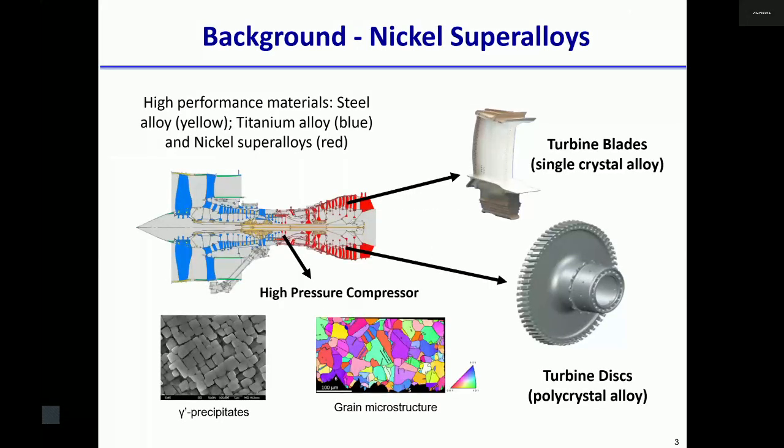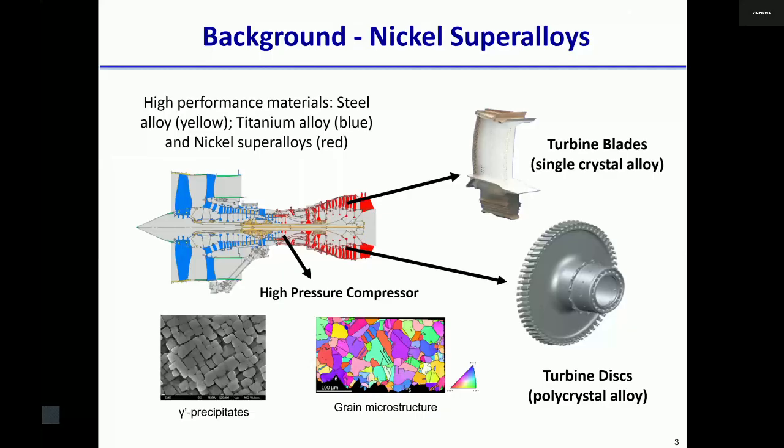If you look at the cross section of the aero engine, we can see three major materials. The blue one is titanium alloy for the fan blade and also the compressor blade. The yellow one is basically for the shaft. And the red one we call nickel-based superalloy.